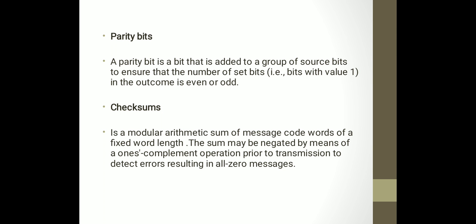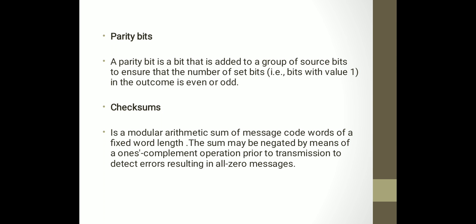And the next one is the checksum. When you are talking about checksum, the data to be sent is 1, 2, 1, 2. The addition of 1 plus 2 plus 1 plus 2 is 6. While delivering the data to the receiver, the sender adds -6 along with the data.